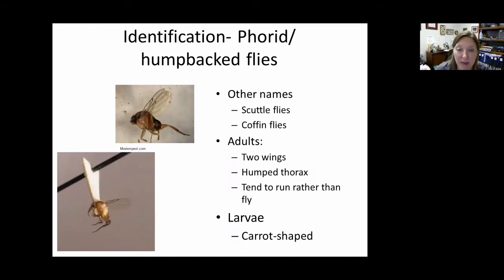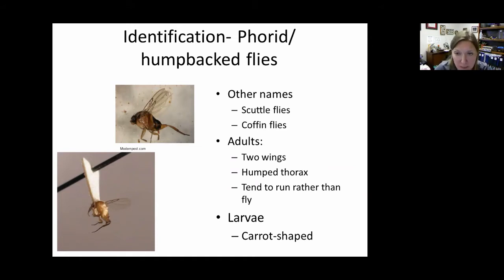The humpbacked, I think, is pretty much apparent from that top photo there. They do have a large humped thorax, which is the second section of the body. They are also sometimes called coffin flies because these are known to come and infest cadavers. So in olden times, they would often be found in bodies that were not embalmed properly, and hence the name coffin flies.